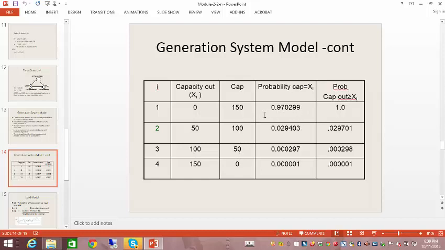These probabilities are what we call the cumulative probabilities. So for example, this is the probability that the capacity out is greater than or equal to 0. And this is the probability that the capacity outage is greater than or equal to 50. So that's why they are called the cumulative probabilities.